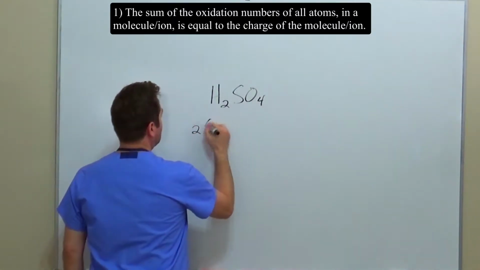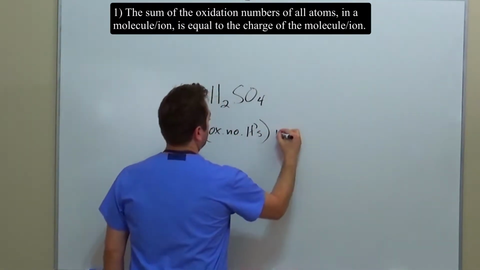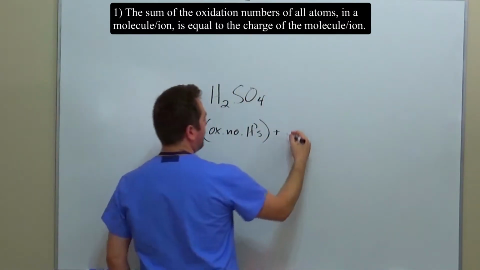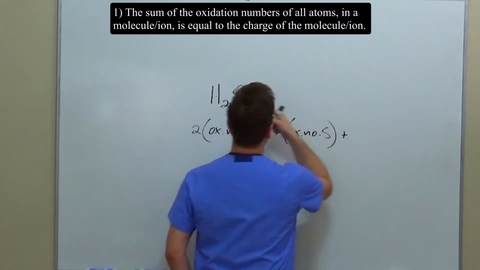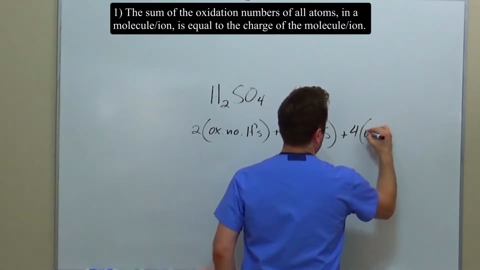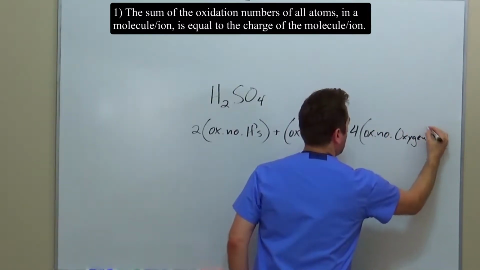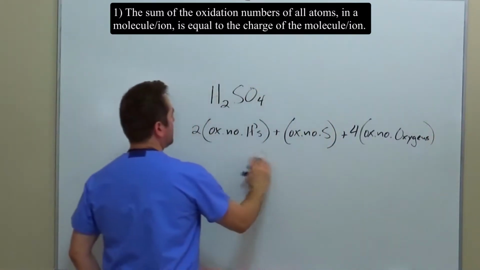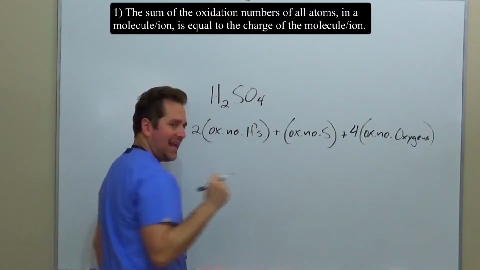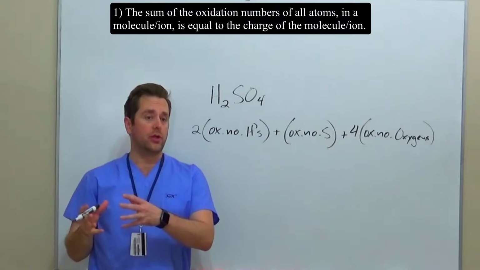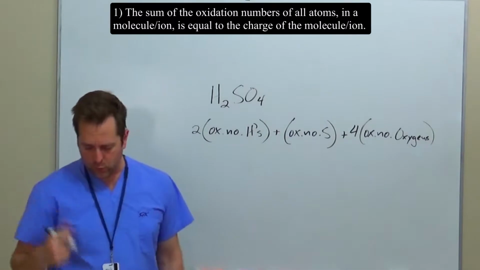So you'd have 2 times the oxidation number of the hydrogens, plus, since there's only one sulfur, the oxidation number of sulfur, plus 4 times the oxidation number of the oxygens. You just add them up, and that is going to be your total. In this case, it should equal zero, because this sulfuric acid is not a charged molecule. It's neutral. So that's number one, the first rule.